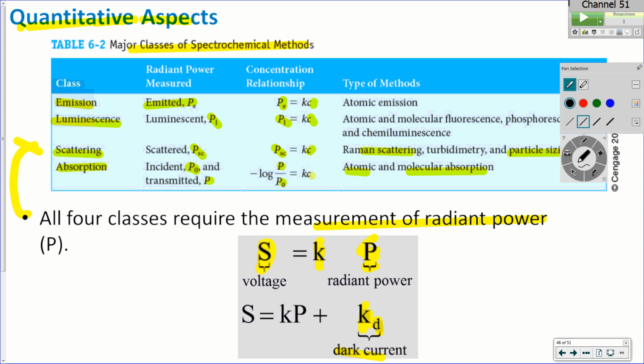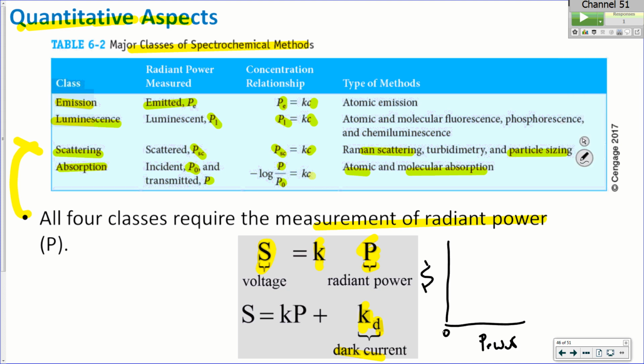I like to see things graphically. So if you looked at the power of the light versus the signal, this being the 0, and we'll just use an arbitrary 100 going up, with 0 power you still get some signal. That intercept represents the dark current.